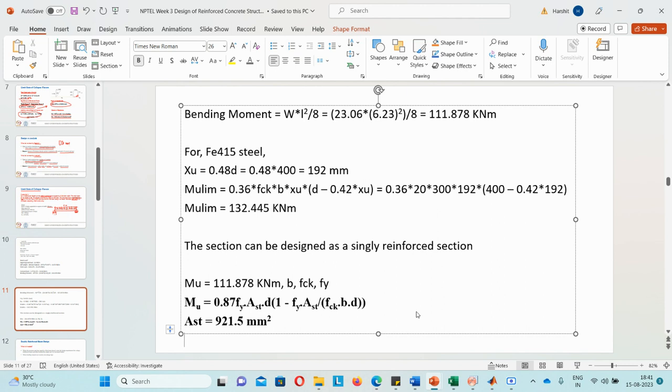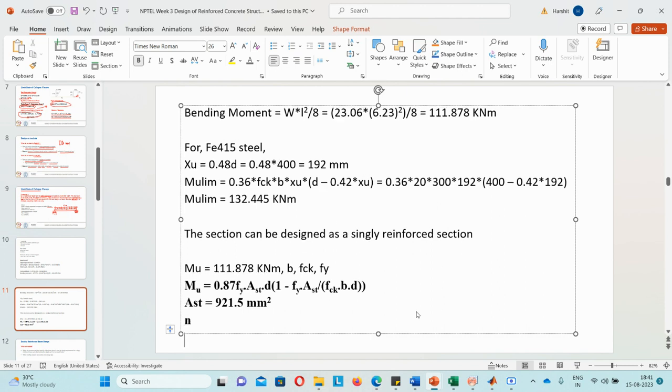Now this is not the end of this question. When you get the area of steel, you also need to tell the number and size of rebars. Generally, the size of rebar is assumed initially as 20 mm, and for one rebar, the area will be pi r square.